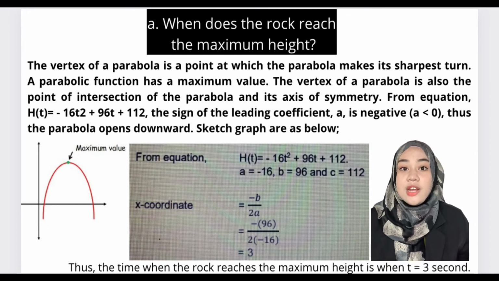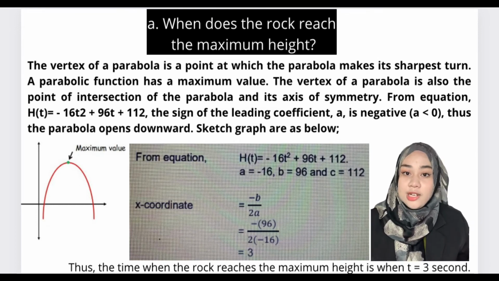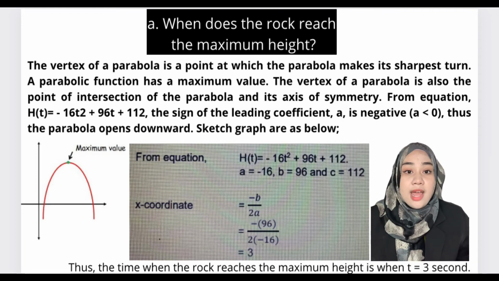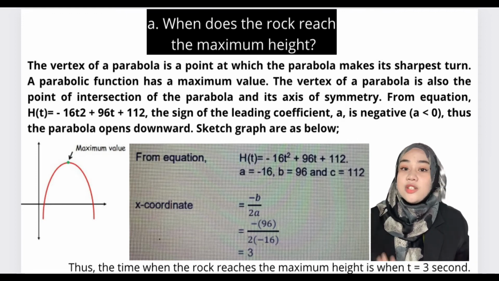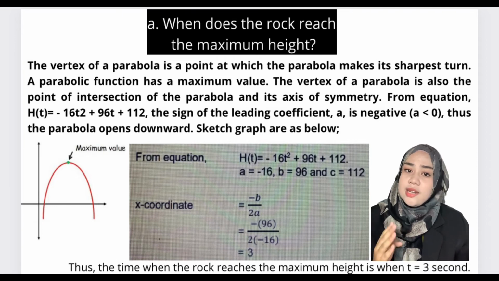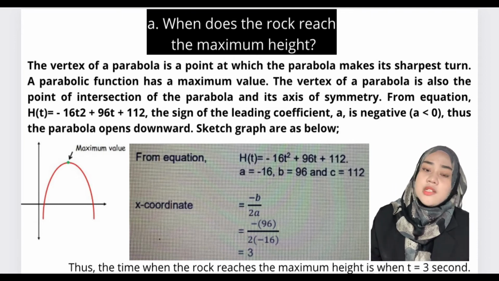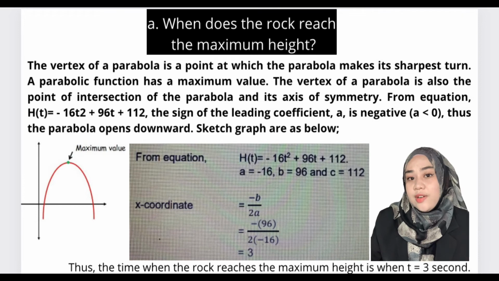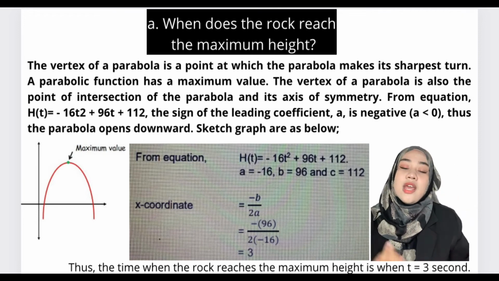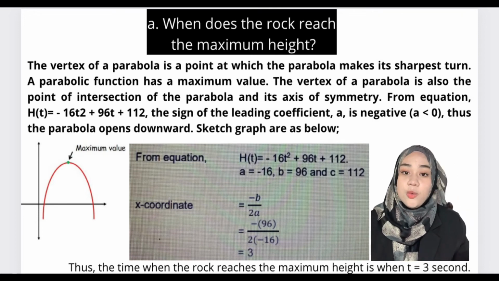The maximum height the rock can reach is exactly at the maximum value of the graph, which is at the vertex of the parabola. The parabola is symmetric about a vertical line drawn through its vertex. This line is called the axis of symmetry. The equation for the axis of symmetry is x = -b/2a.